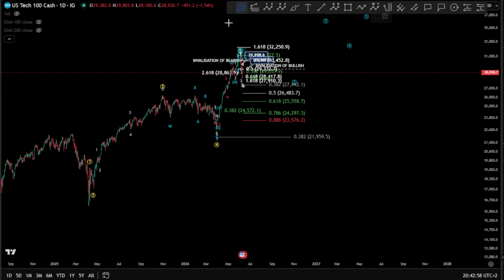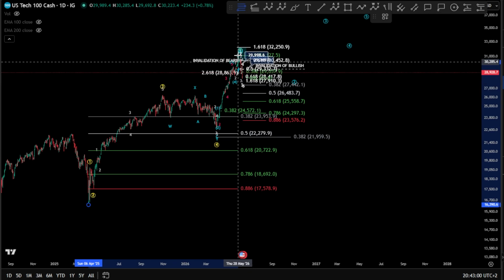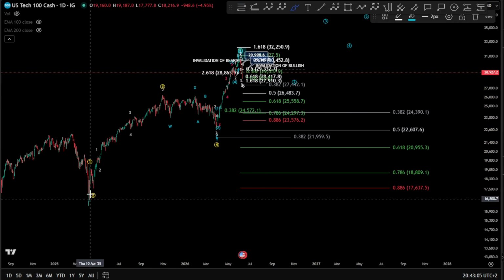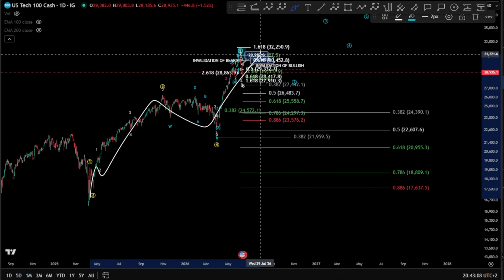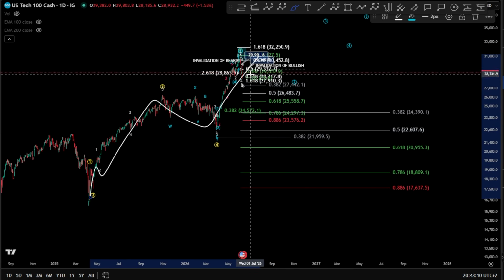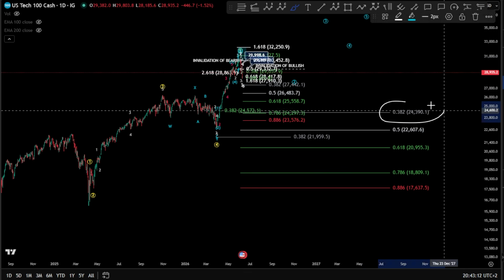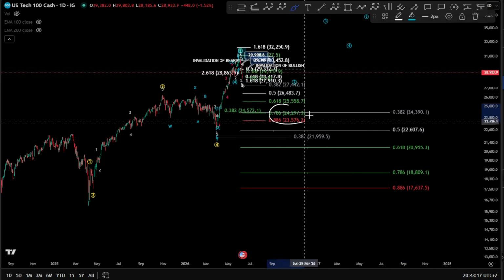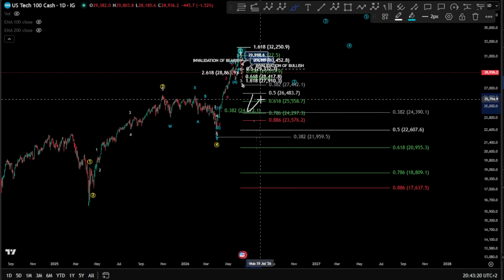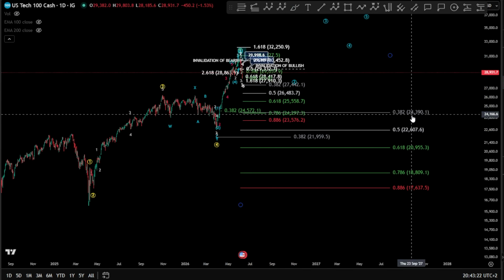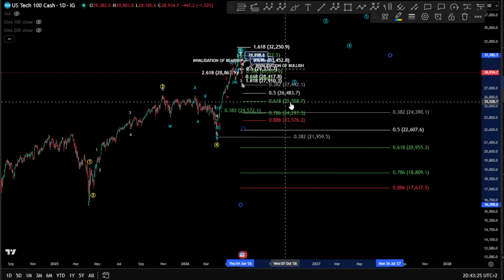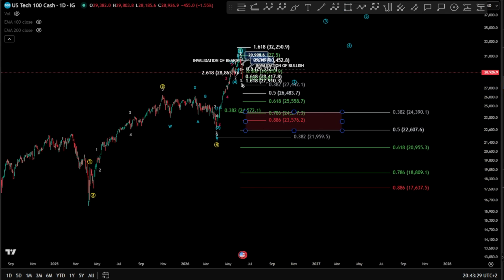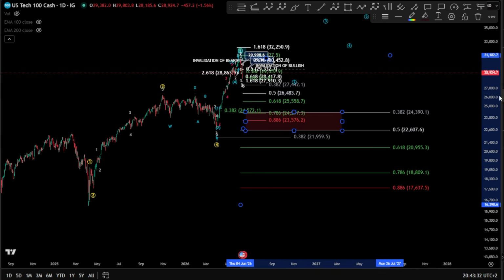If we take again the wave 2 from here, you will realize that your 0.38 of this impulse 1, 2, 3, 4, and a 5, which we have been watching for a long time here, is looking for a wave 2 at a 0.38 minimum fib level, and that means 24K in confluence with this one too, and therefore I see a lot of confluence there, guys. So that's why I'm looking for this area with a very high probability for Nasdaq. Yep, so basically this is what we are expecting for Nasdaq.